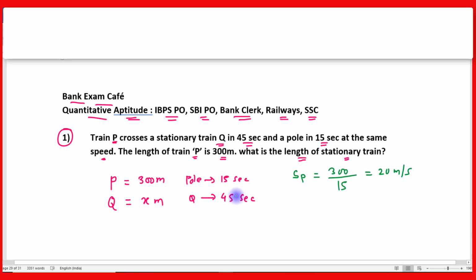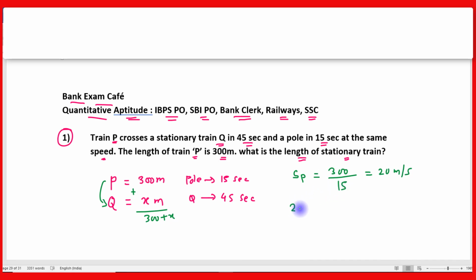Now we have got the speed of the train P, and this train P crosses the stationary train Q. While crossing the stationary train Q, it will have to cover the total distance, that is 300 plus x, means its own length and the length of the train Q. The speed is 20 meter per second, and again speed will be equal to distance upon time.